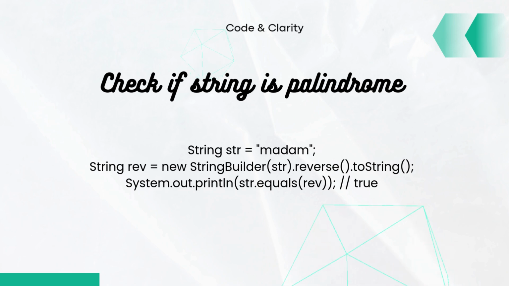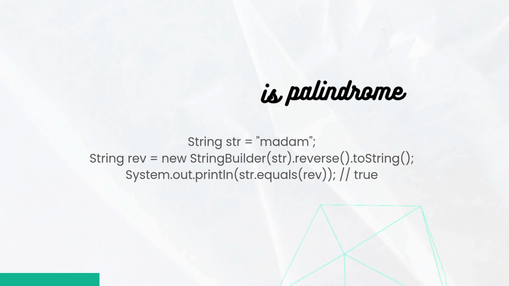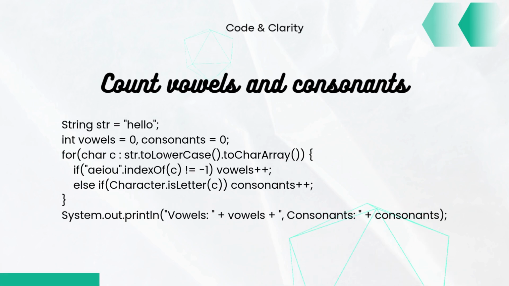Let's move to the next question, counting the vowels and consonants. In this case we will take vowels as 0 and consonants as 0. Then it's a for loop, a for-each loop actually.